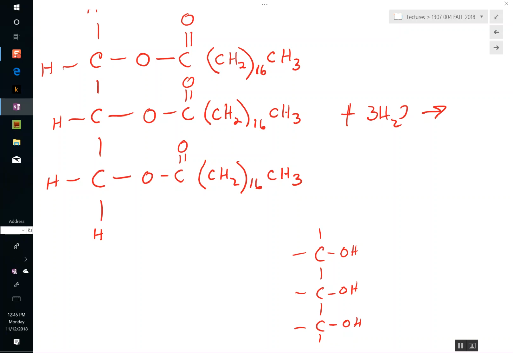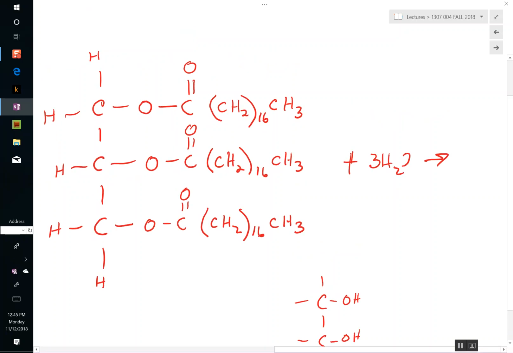Rick? Yeah, so I see where the OHs go from the 3 water molecules, but where does the other H go on the product side? Okay, so let's put an H right there, and let's put an OH right there. There's your water.